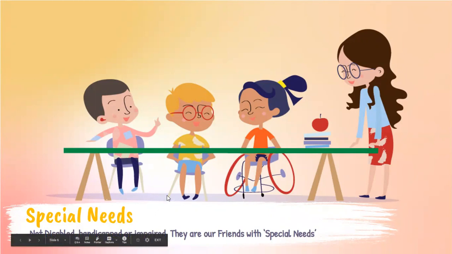Now, students, I want you to understand that we do not call these people disabled, handicapped, or impaired anymore. Impaired is when there's loss of a body part. But you have to understand that these days we do not use the terms impaired, handicapped, or disabled.